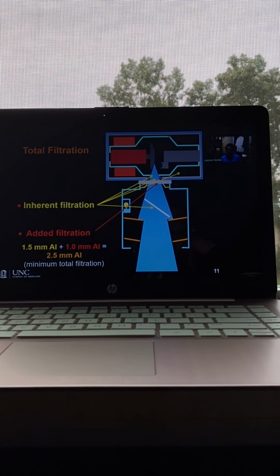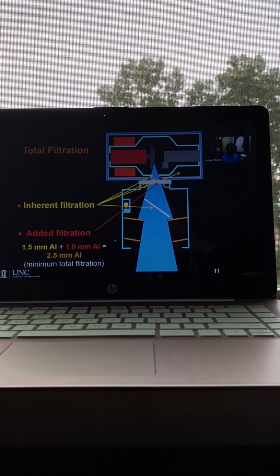Some textbooks, though, to be technically correct, would say 2.5 millimeters of aluminum equivalency, because the oil, the tube window, the port window and the mirror are not made out of aluminum, but they're equivalent to what aluminum would filter out.